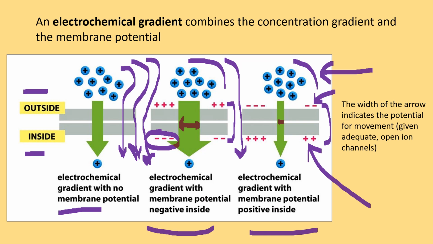For now, I just hope that you understand the concept of an electrochemical gradient. It's the combined effects of a chemical gradient and an electrical gradient, and those two gradients work together to determine the motive force of a particular charged substance across the membrane, how likely that substance is to move, how quickly that substance moves.